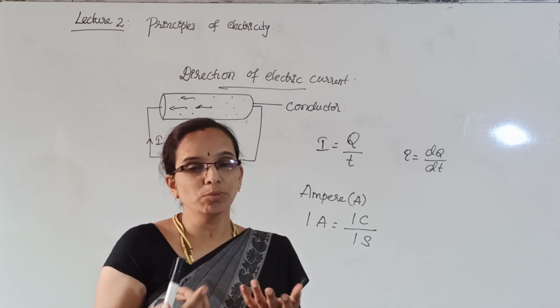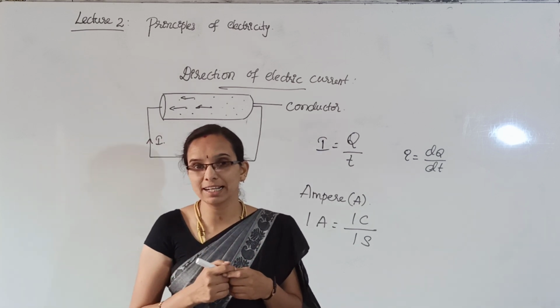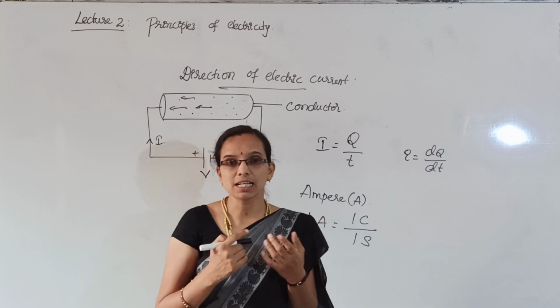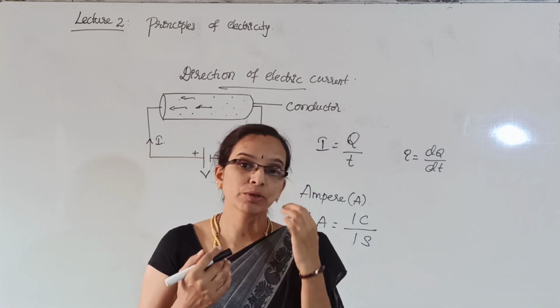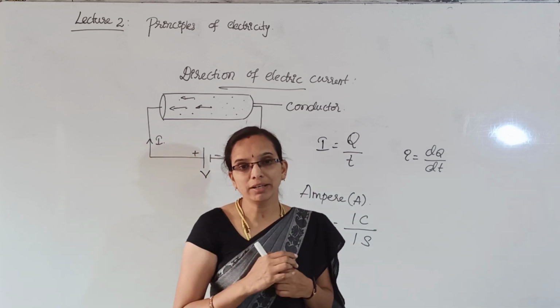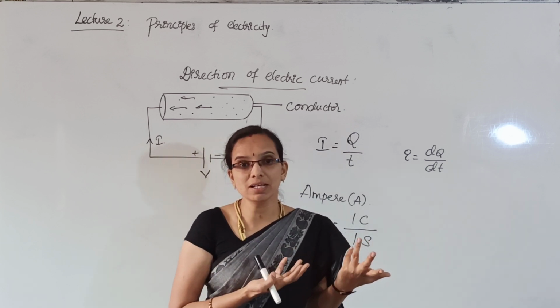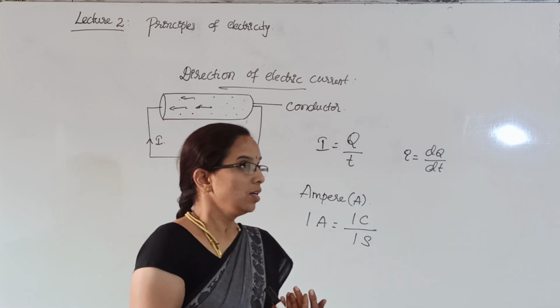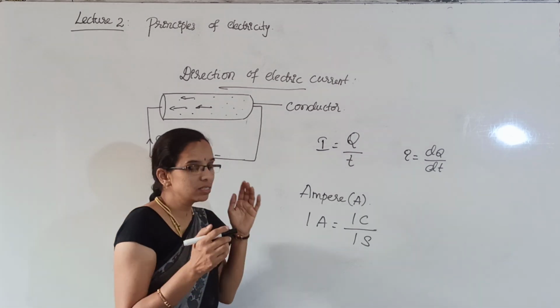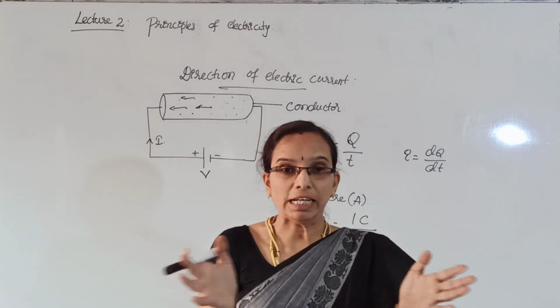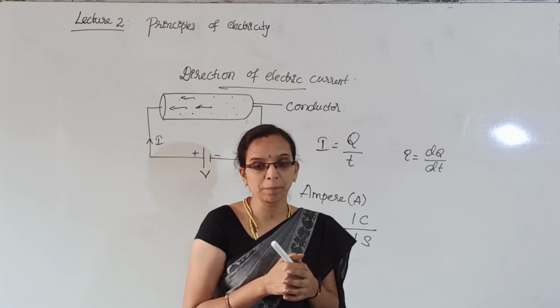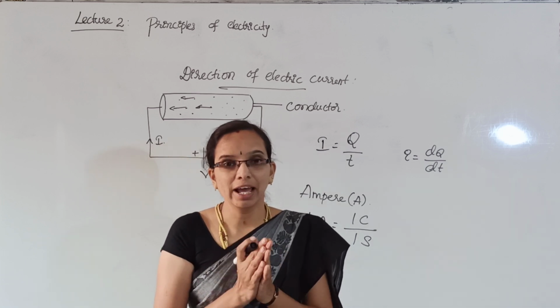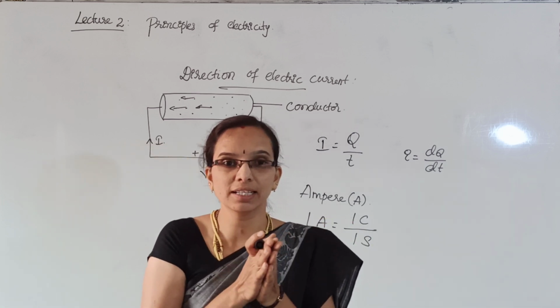In conductors obviously there will be a large number of free electrons. Each atom in copper donates one free electron, and there are so many atoms. So these free electrons move freely inside the conductor.